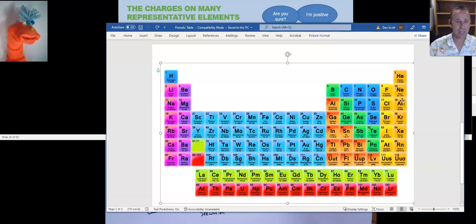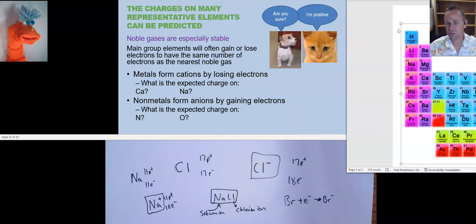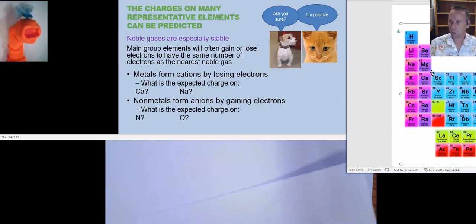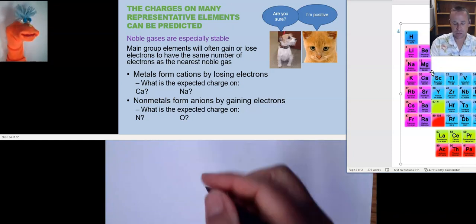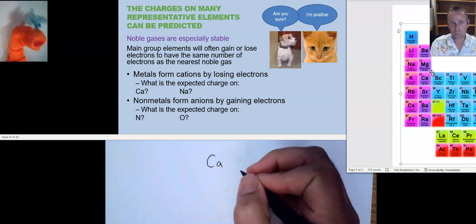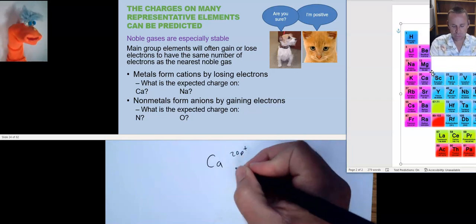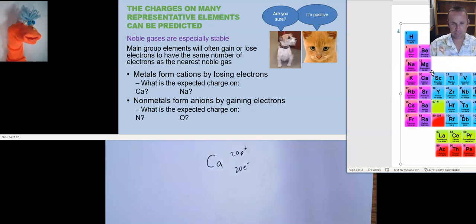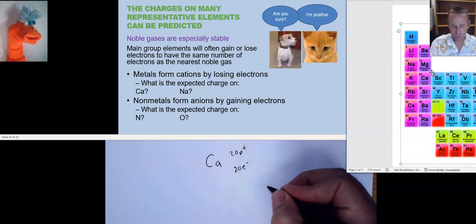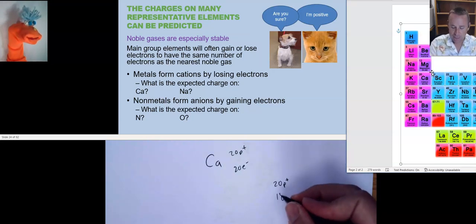All right? So when calcium loses 2 electrons, what is the resulting charge that we'll see on the calcium ion? If we lose 2 electrons from calcium, is that going to be a 2 minus? Calcium ion, how many protons? 20. Very good, 20 protons. How many electrons? 20. 20 electrons, that's in that atom, right? If we lose 2, now we have 20 protons and 18 electrons.